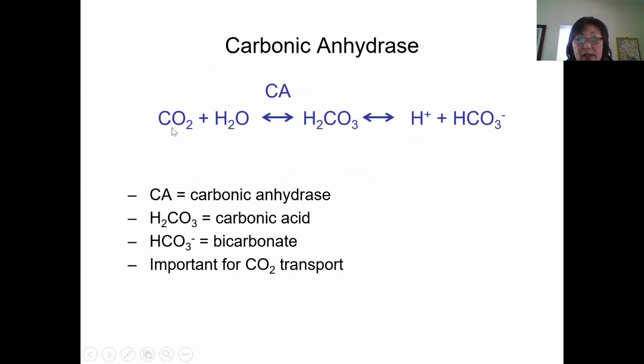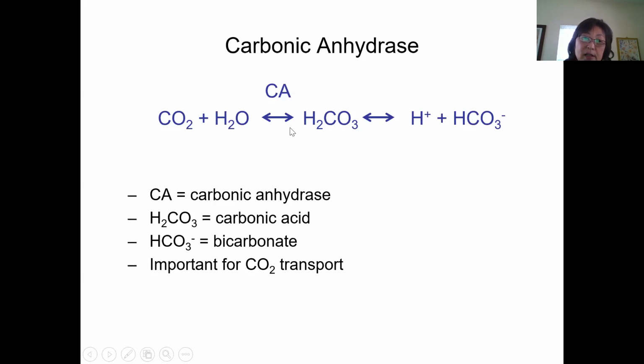Carbon dioxide can travel in the blood in the form of these two ions, hydrogen ions and bicarbonate ions. This is a simple chemical reaction you probably learned already. CO2 and water can be converted to carbonic acid, and the carbonic acid can partially break down into hydrogen ions and bicarbonate ions.